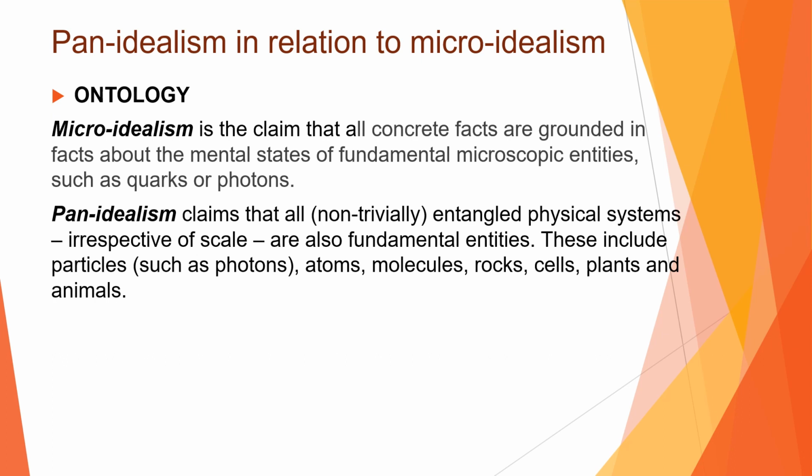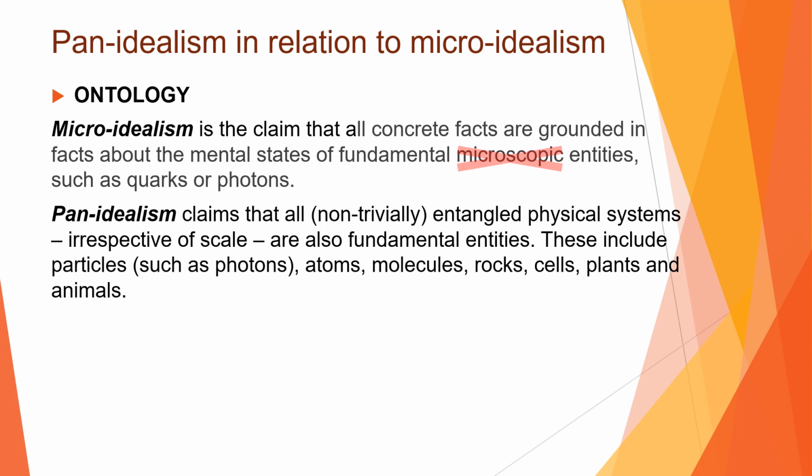If we disregard the mention of microscopic from the definition of micro-idealism, then the only difference between the 2 idealisms is about what counts as fundamental in the ontology of our universe. I claim that the word microscopic is unimportant and vague.